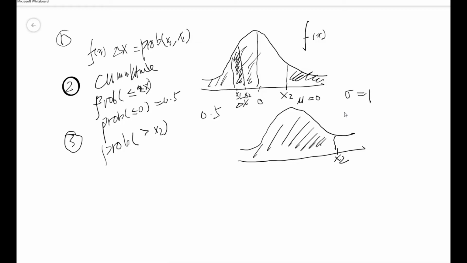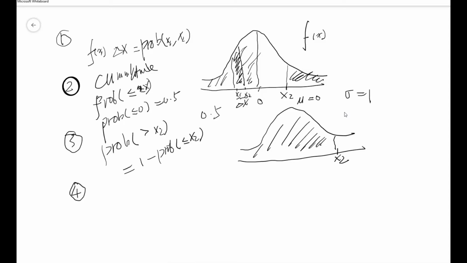This is the cumulative. So the probability greater than x2 equals 1 minus the probability less than or equal to x2. This is the definition of the complement. To calculate the probability greater than a value, we use 1 minus the cumulative probability less than this value. So this is number 3.